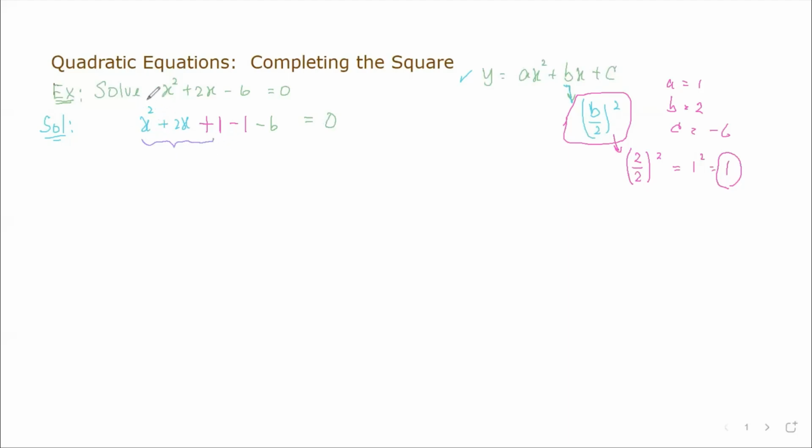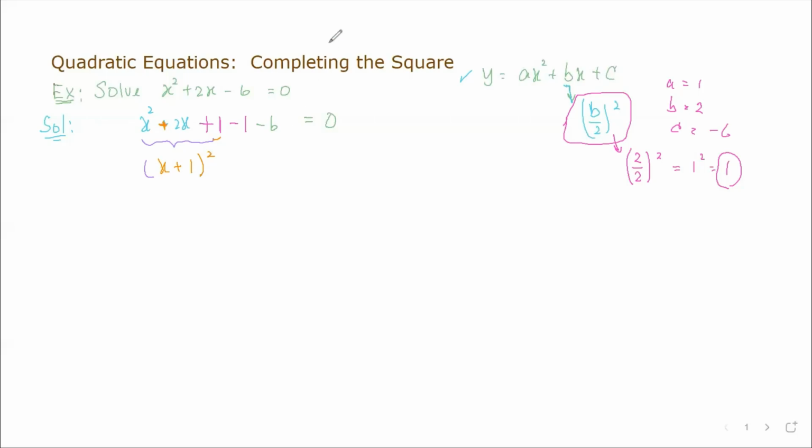You take the square root of x squared, which becomes x. And the middle term here is a plus, so you write plus, and then you take the square root of 1, you get 1. So the whole thing to the power 2. Now this is a completed square in that pattern.